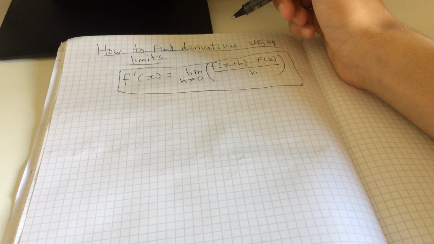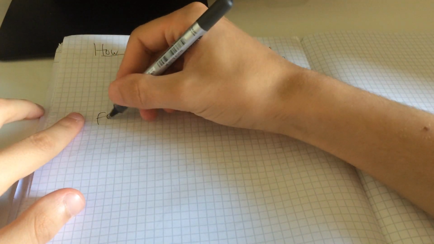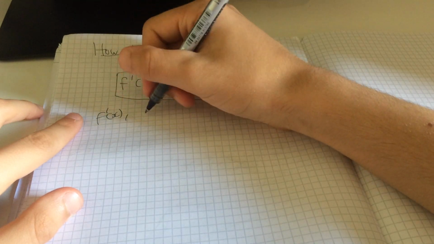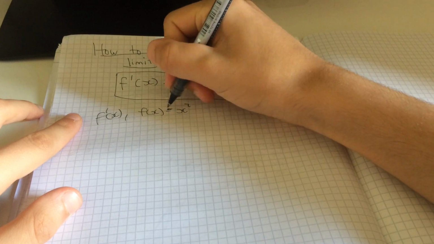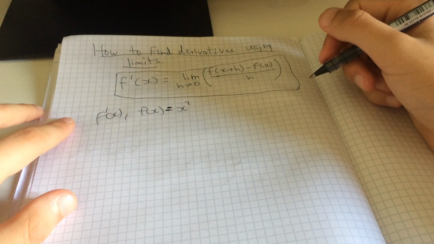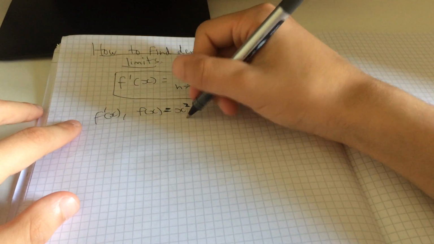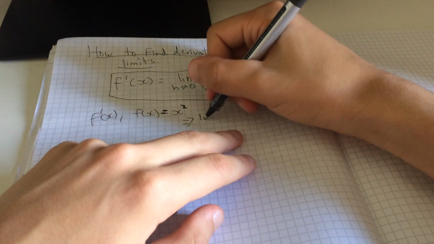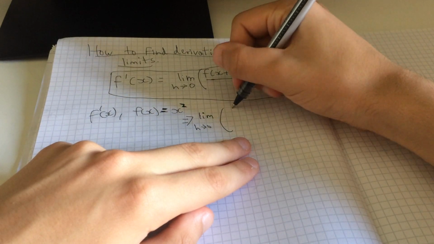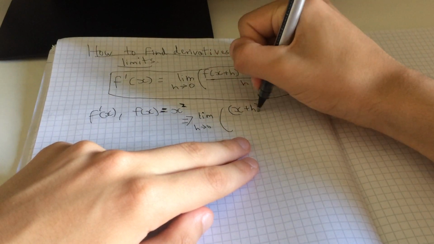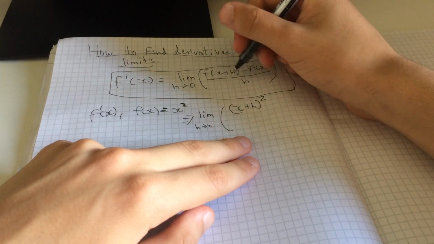Now, let's say we want to find the derivative of f of x when f of x is equal to x squared. The way we approach this problem is, we just write the limit as h approaches 0 of x plus h, squared, because that's a new input, that's a new x.